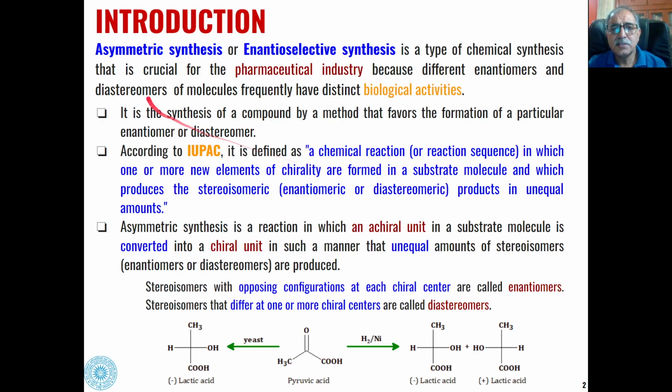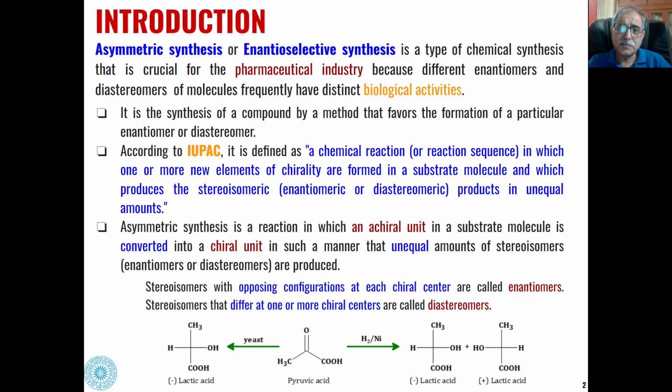Asymmetric synthesis or selective synthesis is very important for the pharmaceutical industry because different types of enantiomers or diastereomers have different biological activity. So because of the different biological activity of these enantiomers or diastereomers, they are used as drugs for different purposes.